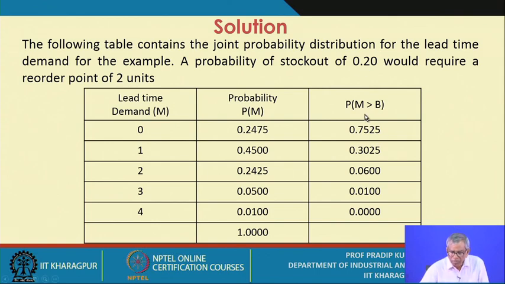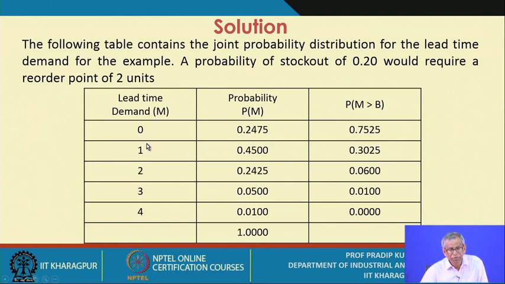So during the lead time, if you find that the demand is greater than the reorder point, obviously there could be a stockout situation, and so this is the probability of going stockout. So what is this probability? The probability that the lead time demand is 0 is 0.2475.